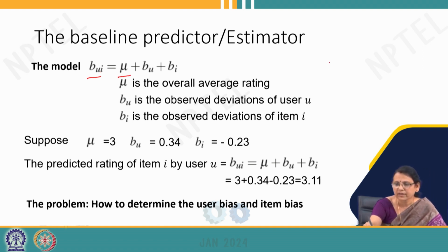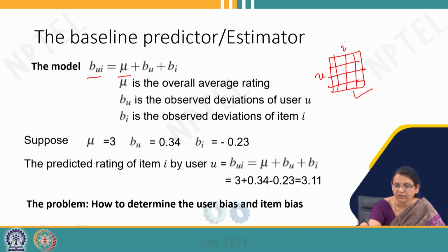If you consider a typical rating matrix, there will be many users, many items, and specific rating values. Even if it is not full, even if it is sparse, there will still be ratings. Now, mu is the average of such ratings: the sum of all observed ratings divided by the total number of ratings.